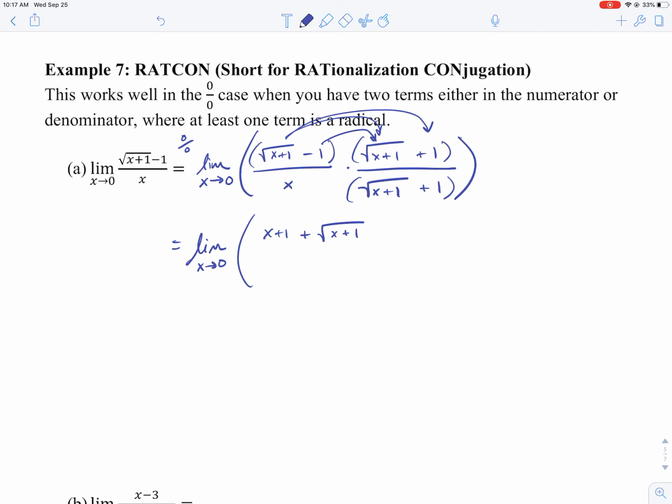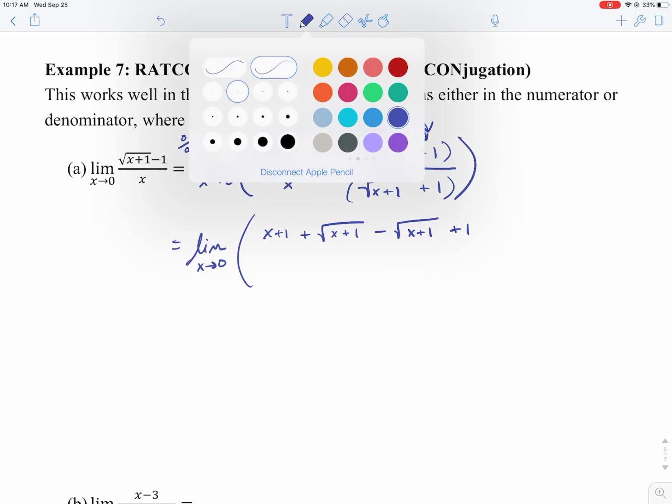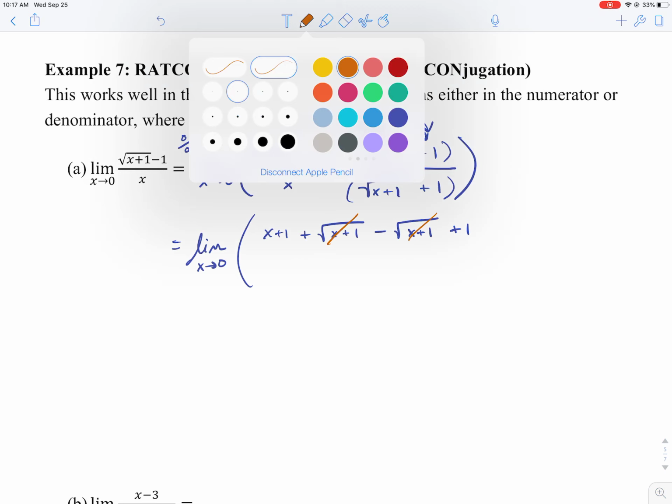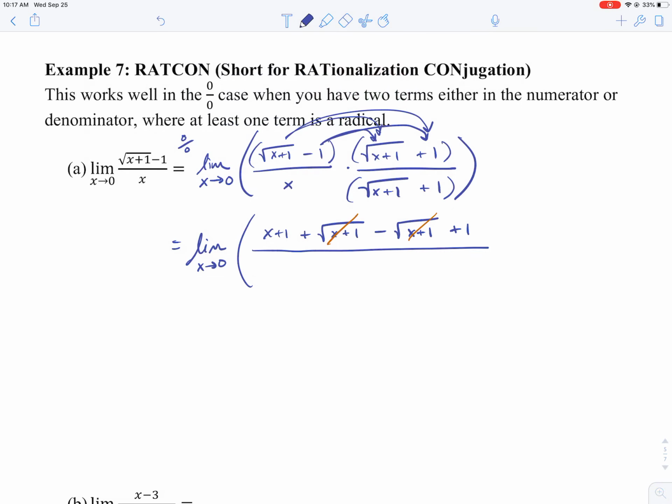And then -1 times root x plus 1 will be minus root x plus 1. And then -1 times 1 will be 1. So we can see that the root x plus 1's end up canceling. And that'll happen every time. That's why we're able to rationalize. And then I'm going to leave the denominator factored.